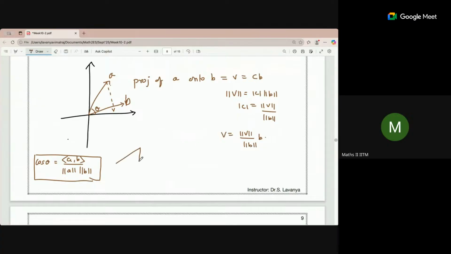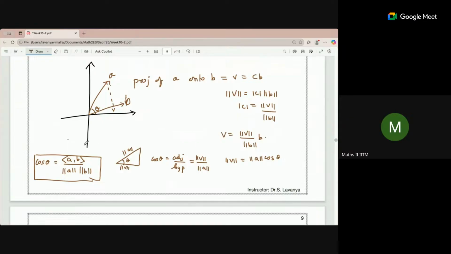So we have a right angle triangle where this is norm v, and this is norm a, and this is theta. So what is cos theta? Adjacent by hypotenuse. The adjacent of theta here is the base, that is norm v, and here you have the hypotenuse, which is norm a. So norm v I can replace as norm a times cos theta.